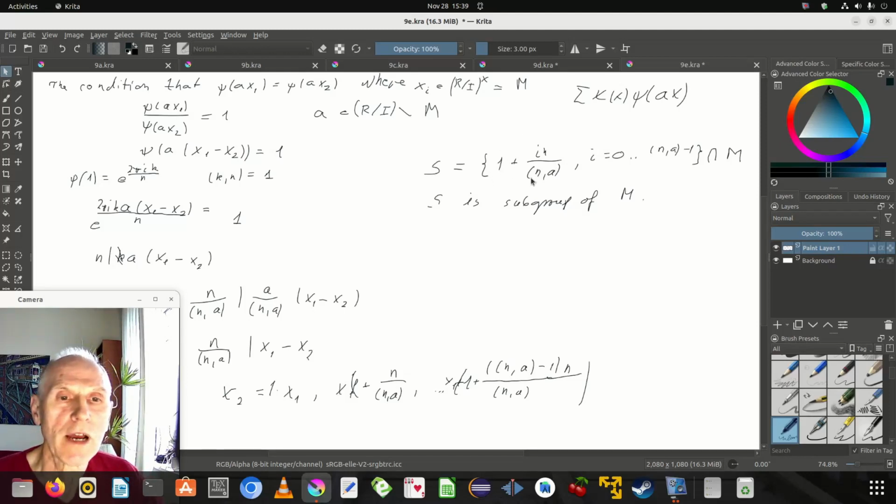And when we multiply them, then we get one of the same kind. We need to find out that the inverse of an element of this form will lie in the group as well.